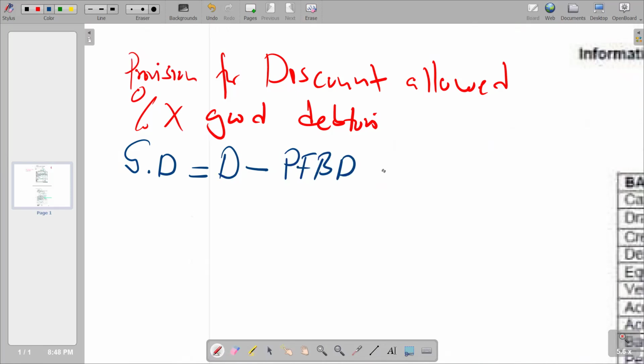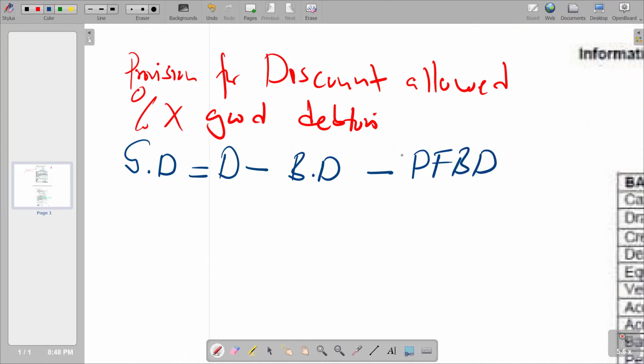At first we have to subtract the further bad debts that will be given in additional information, so we are saying minus bad debts, and then we subtract again the figure for provision for bad debts adjustment that we would have calculated.